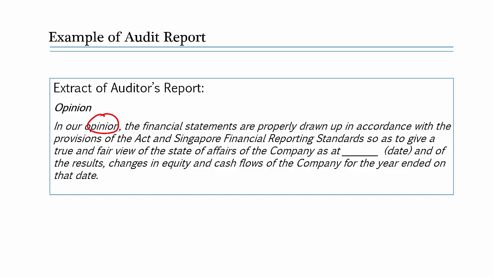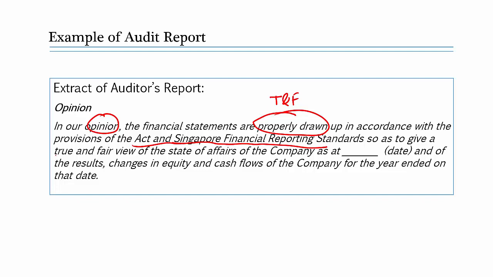The financial statements are properly drawn up. This phrase, properly drawn up, means the auditors are giving a true and fair audit opinion. This is in accordance with the provisions of the Act and Singapore Financial Reporting Standards. So this is the framework that the auditors must audit in accordance with.